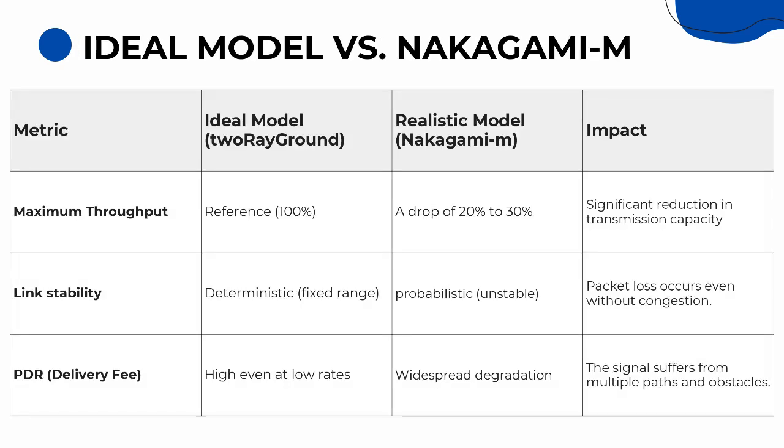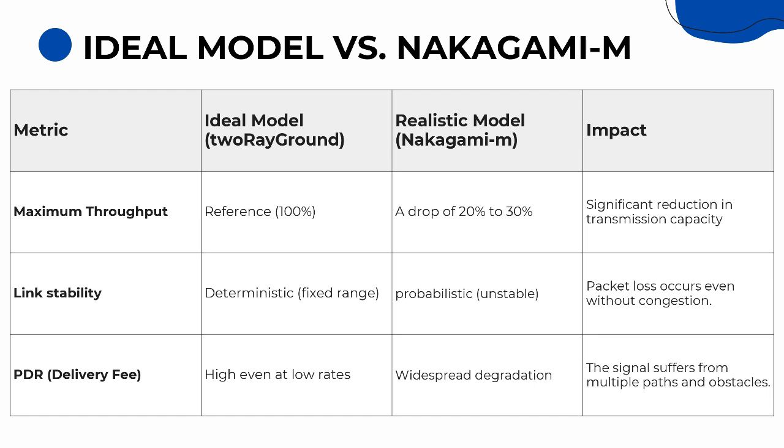This table illustrates the devastating impact of signal fading on the network. When we switch from the ideal model to Nakagami's realistic model, the maximum throughput drops drastically, and the packet delivery rate, PDR, suffers significant degradation.